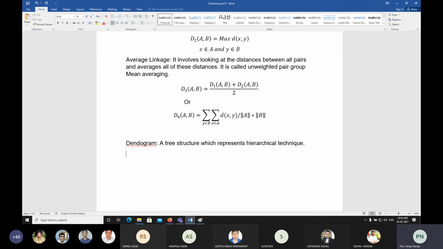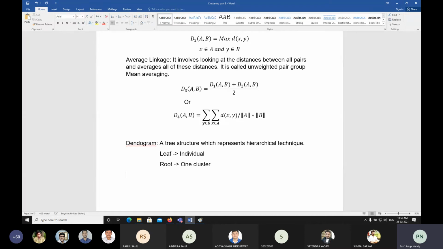In the dendrogram, you have leaves. A leaf denotes an individual cluster, and the root is one cluster after grouping.